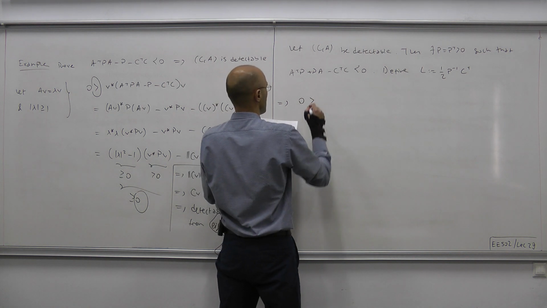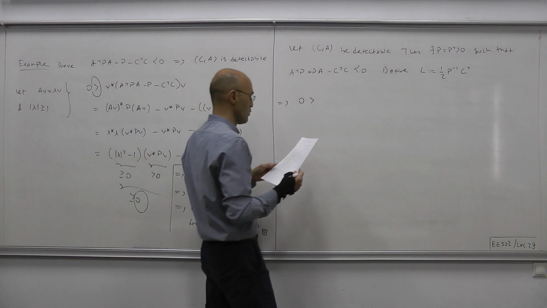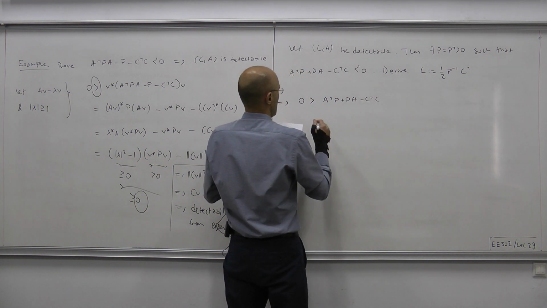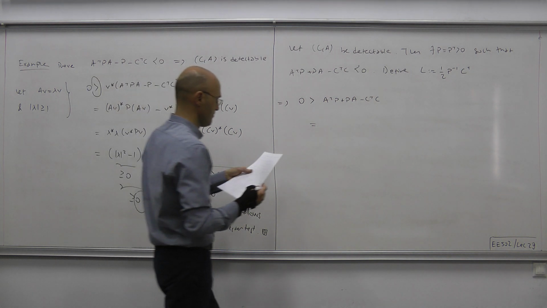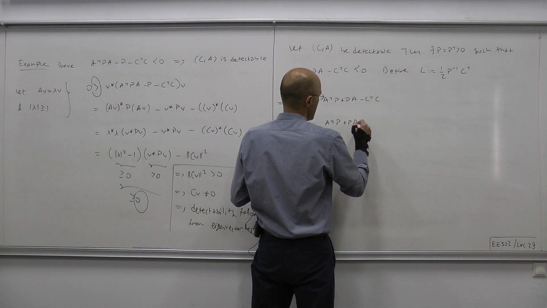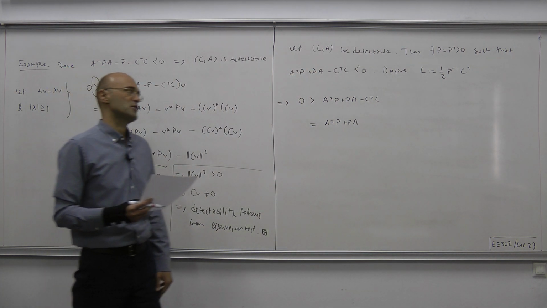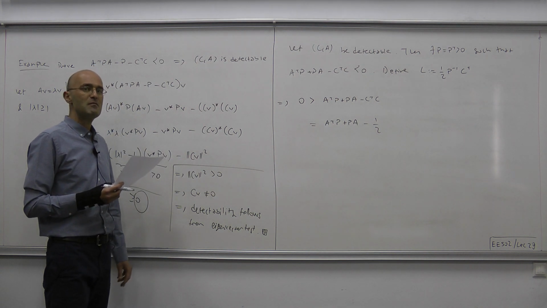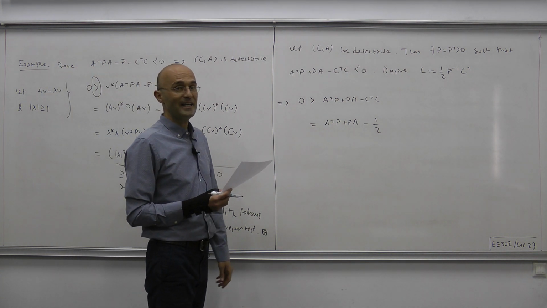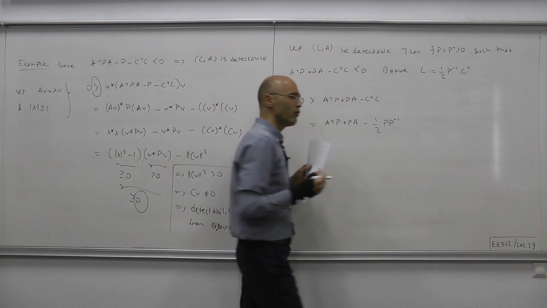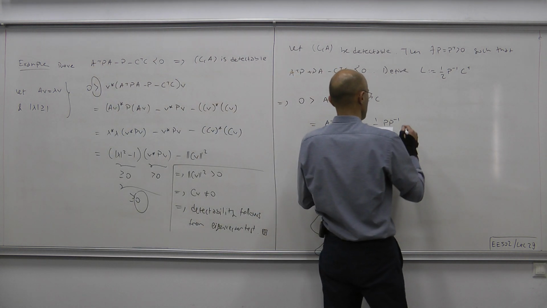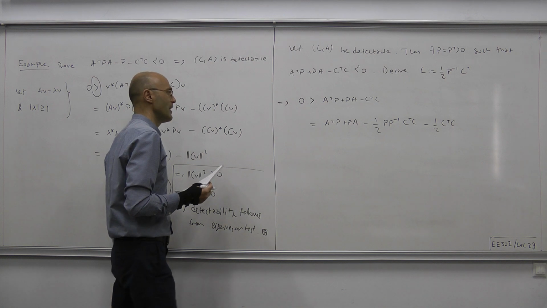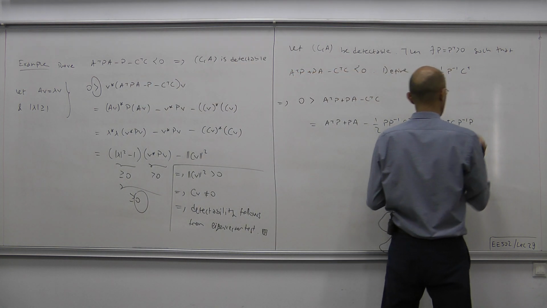So, starting from the Lyapunov inequality, A transpose P plus PA minus C transpose C can be written as A transpose P plus PA, and we write that C transpose C as 1/2 C transpose C plus another 1/2 C transpose C. One of the halves we multiply from the left by the identity matrix, written in this funny form: P times P inverse, times C transpose C. The other half we multiply by the identity matrix from the right, written as P inverse times P.